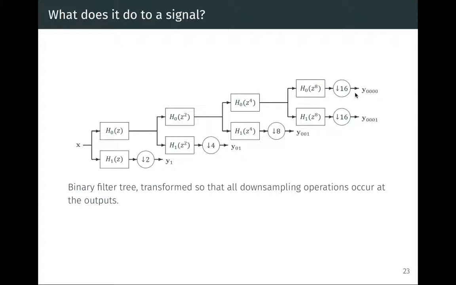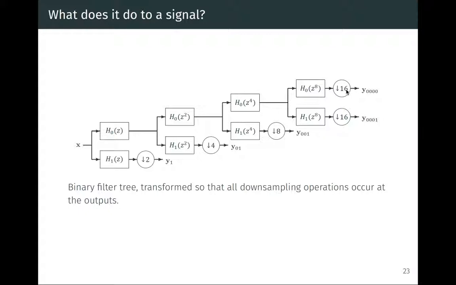All right, so now we have a cascade of filters, but I had to change the filters. Now the z transform is not H0 of z, it's H0 of z squared. And here it's H0 of z^4, H0 of z^8, and so on. But the good thing is, the downsampling operation is pushed back to the end.